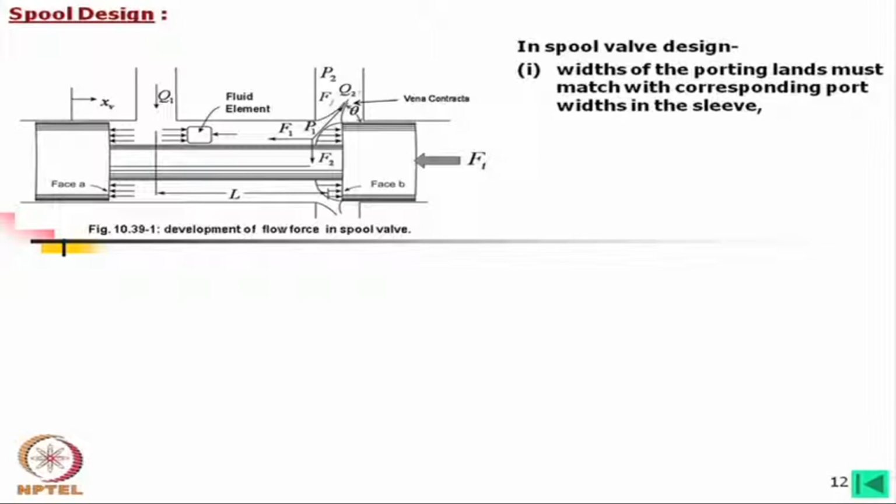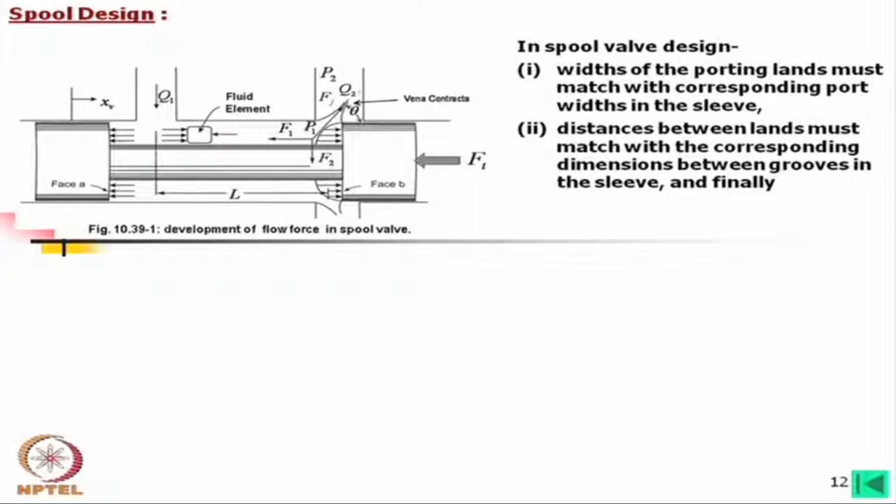However, maintaining such dimension is always difficult, because not only that, but also we have to maintain the distance between, say for example, from this point on the sleeve, from this point to this point, what is the distance? The same distance may have to be measured, or the proportional distance has to be measured from one edge of the land, the similar edge on the other side. So, maintaining such dimension is difficult. However, we have to maintain that for better performance.